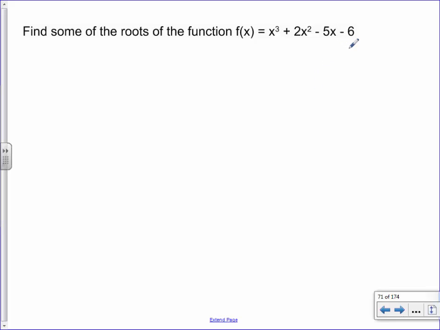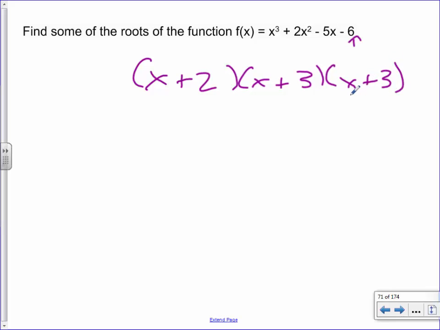But there's one more number that we can work with here, and it's this very last number. It can actually help give some advice as to how to make this work. For example, there's no way that this could be x plus 2 and x plus 3 and x plus 3, and I can tell you why that won't work. When those eventually get FOILed out, this 2 times this 3 times this 3 is going to be what makes the last number.